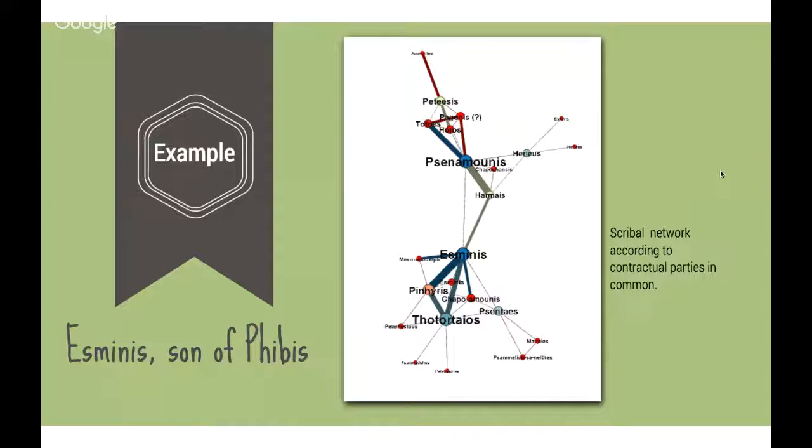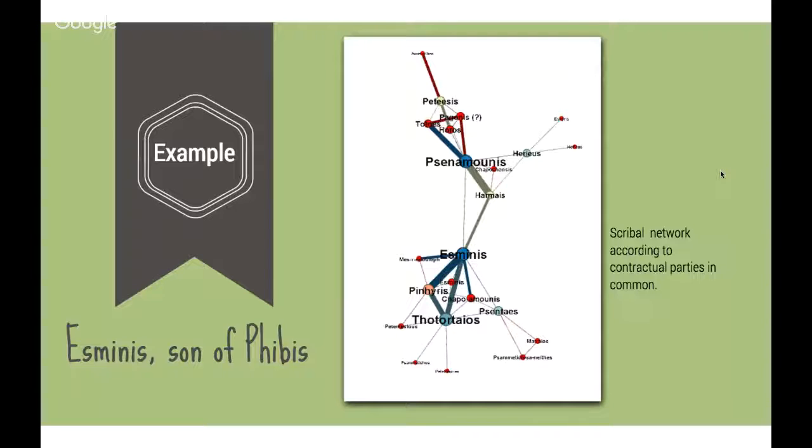They are linked together if they have ever written or drawn up a contract for the same contractual party, not for the same family, but for the exact same contractual party, or one of them at least. I did that because I thought, well, if a contractual party chooses a scribe, but then for his next contract chooses a different one, that's quite annoying if those are different notaries to go to.